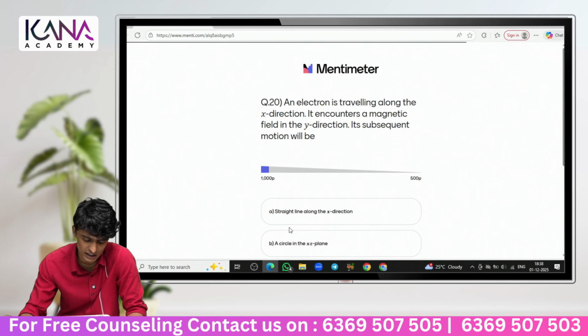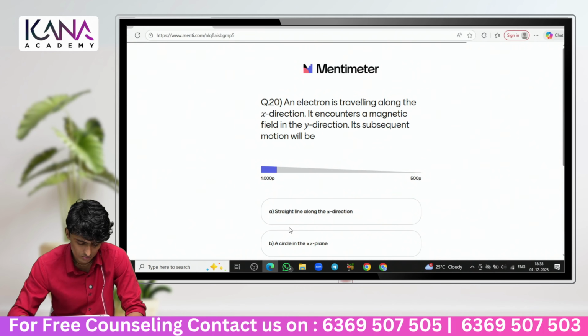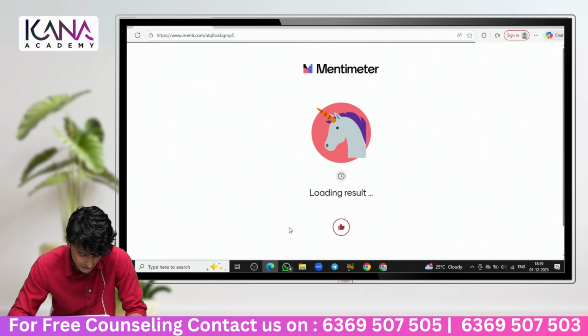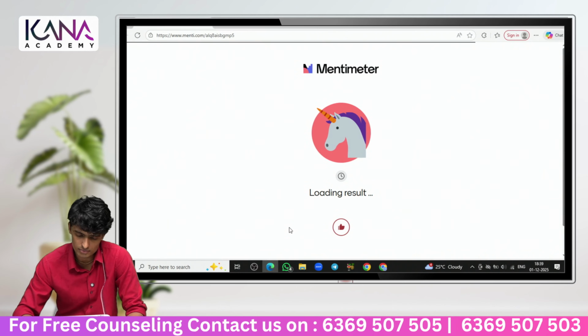Its subsequent motion will be... What are the answers? Option B, a circle in the XZ plane, is your answer. Nida has answered the fastest.